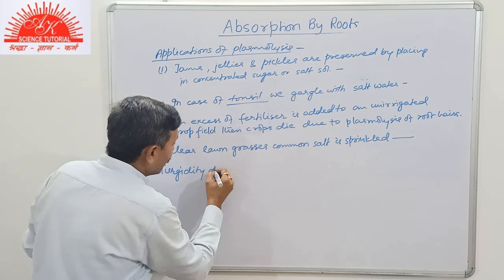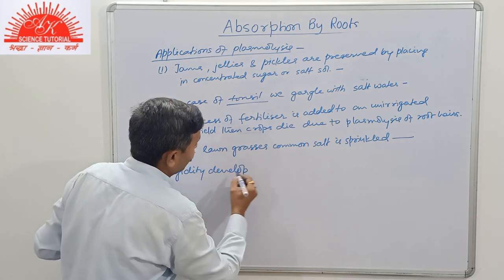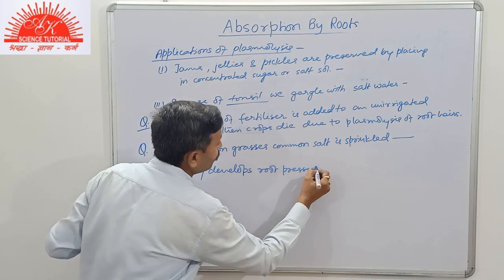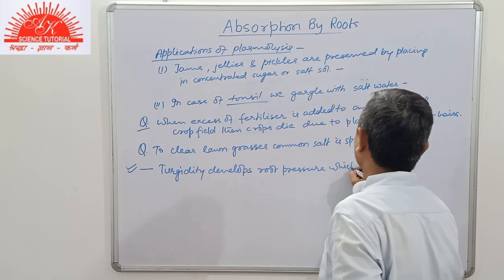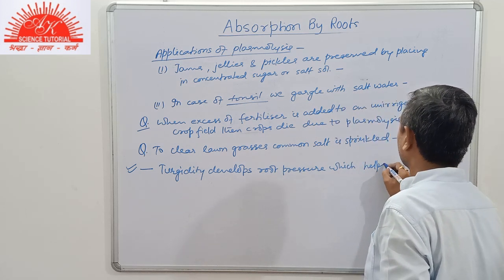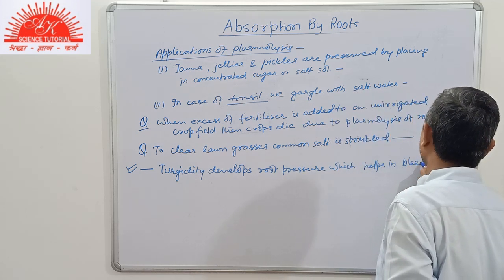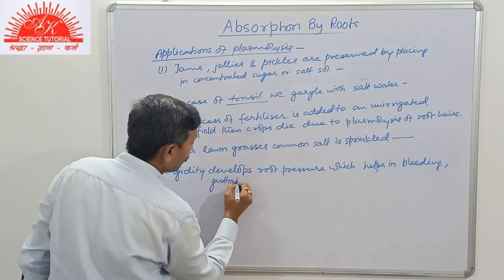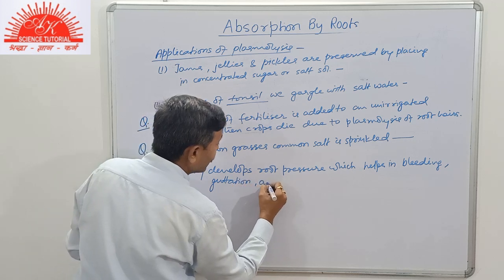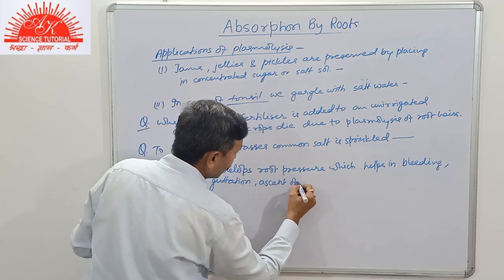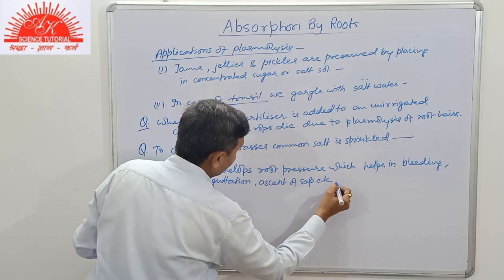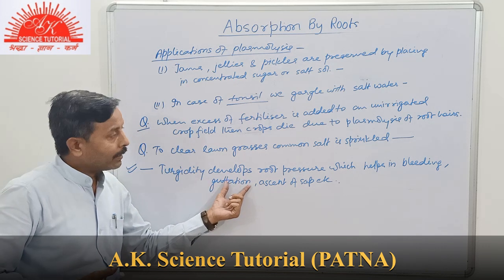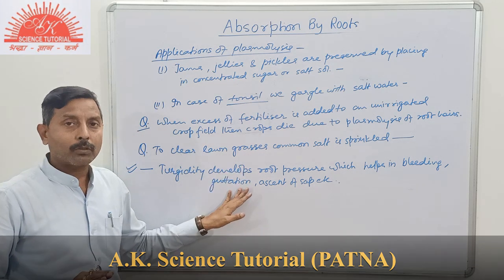Turgidity develops root pressure, which helps in bleeding, guttation, ascent of sap, etc. So we'll study this topic with experiment in detail in the next part. Clear, student? Okay.